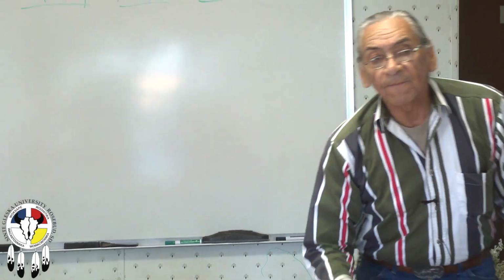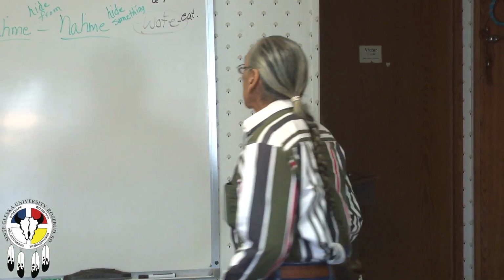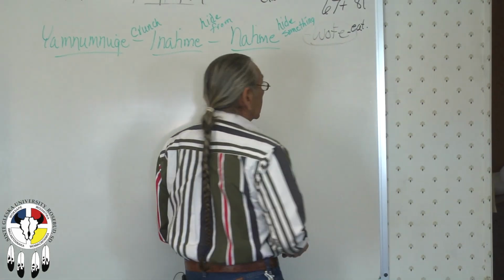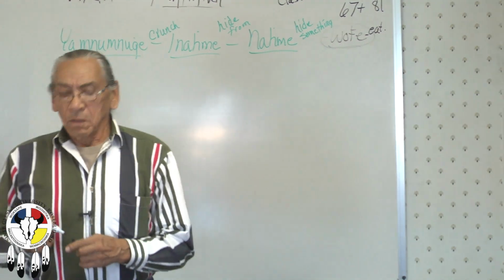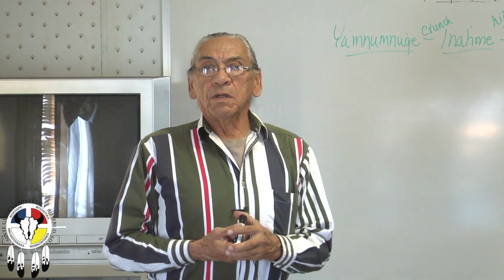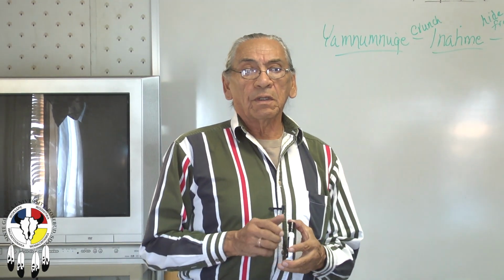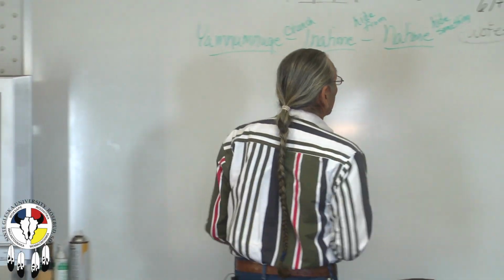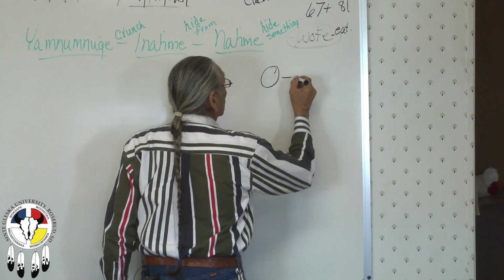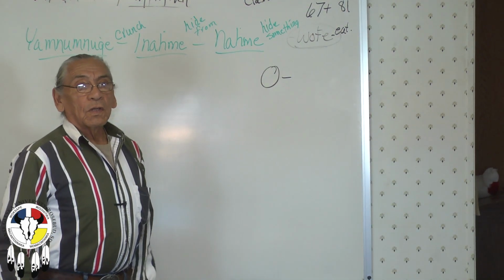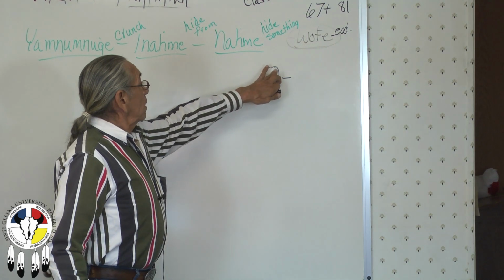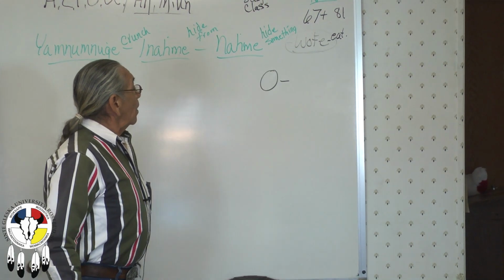If we were to conjugate o, remember what it talks about, the vowel verb and the nasal verb, right? How do you separate them? So if we were to use o, that's a vowel, right?